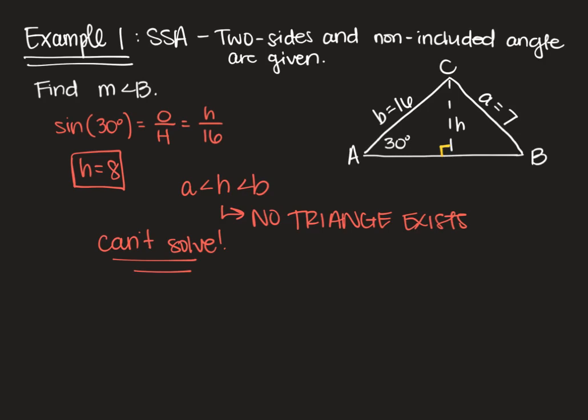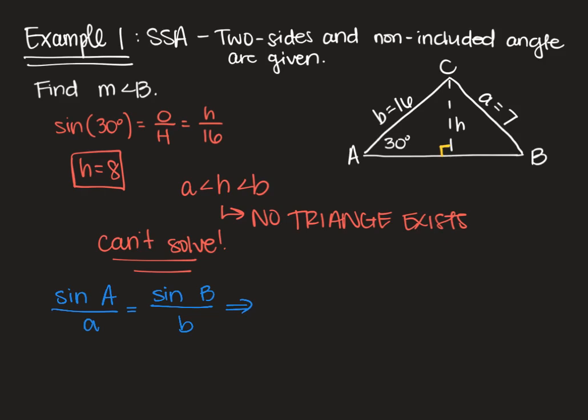So please pause this video and go back to the last lesson to get a nice intro to law of sines. But the law of sines allows us to write sine of angle A over side length A has to be equal to sine of angle B over side length B.